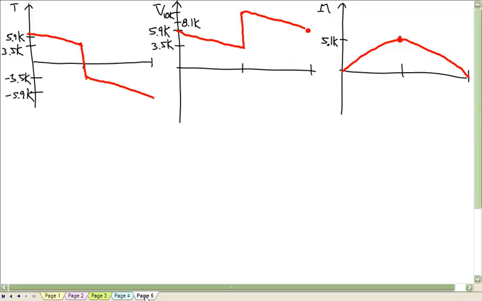Anyone have any questions about that? Okay, so let's figure out where all of these three members have their maximum bending moment, tension, and shear force.